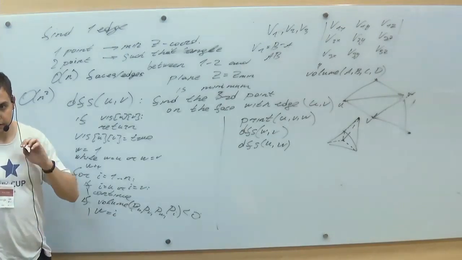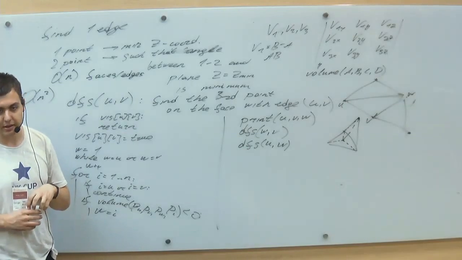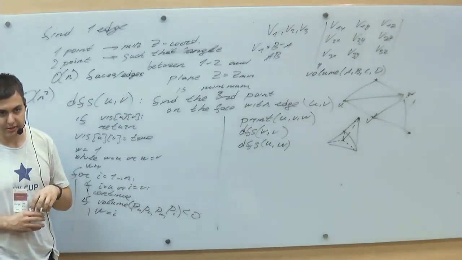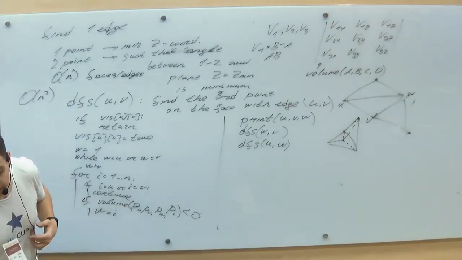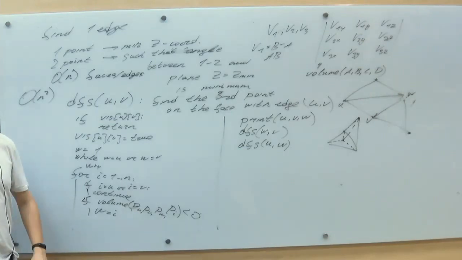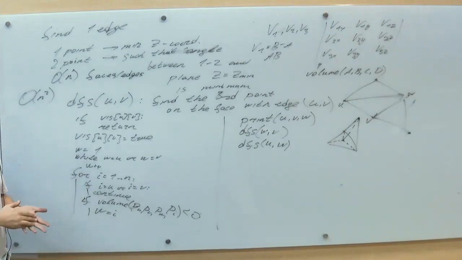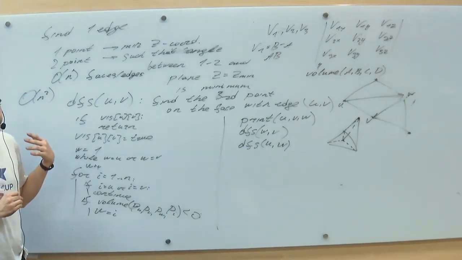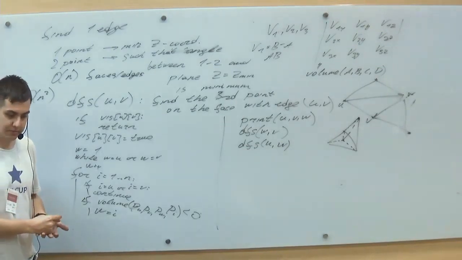Okay, so any questions about anything that happened here for the last 3 hours? Okay, so if there are no more questions, then the geometry hell is over. Again, just be confident that your geometry algorithms are correct the way you implement them.